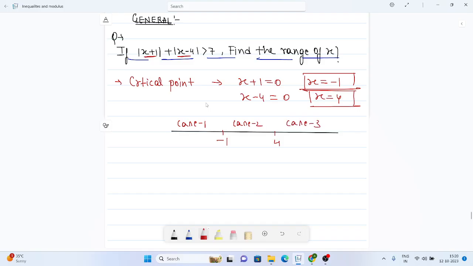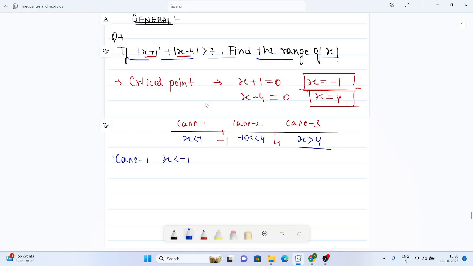So we solve one by one. Case 1 is x less than minus 1. Case 2 is x from minus 1 to 4. And case 3 is x greater than 4. So first I take case 1 and tell you how to solve it.